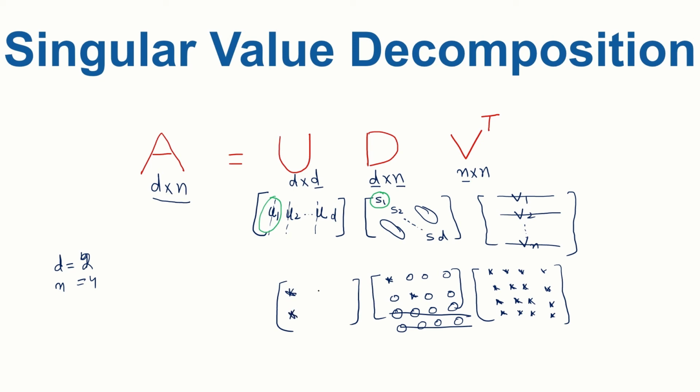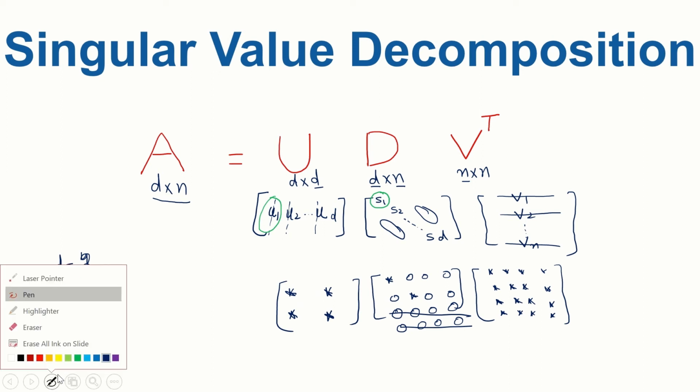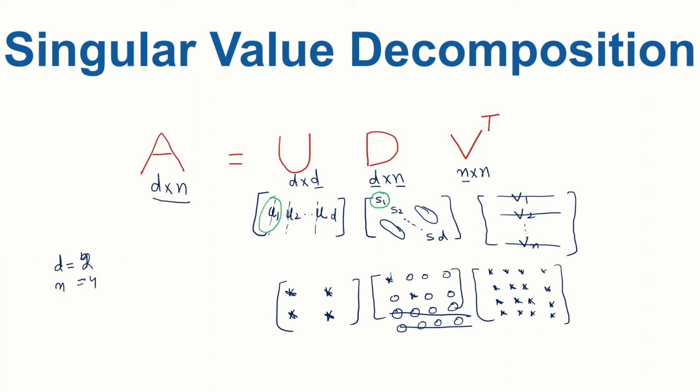What I really want to mention here is a relationship: this value corresponds to this vector, and the next value corresponds to this vector. You might be thinking, what about these two vectors? Well, these two vectors correspond to the value 0 that we may append or may not append here.